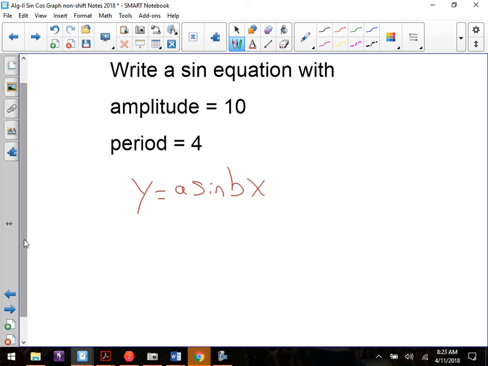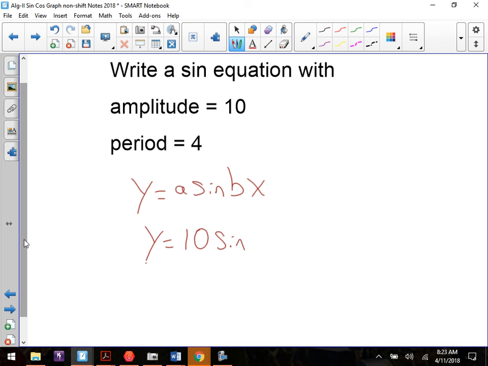Now, the amplitude being 10, that means your a value could be 10 or -10. It could be either, but I would just write 10. So we'll write a positive sine equation. Right off the bat, it's going to be y equals 10 sine.